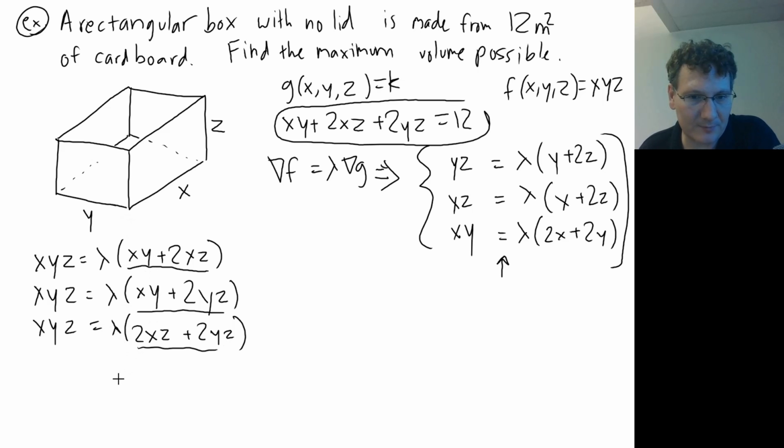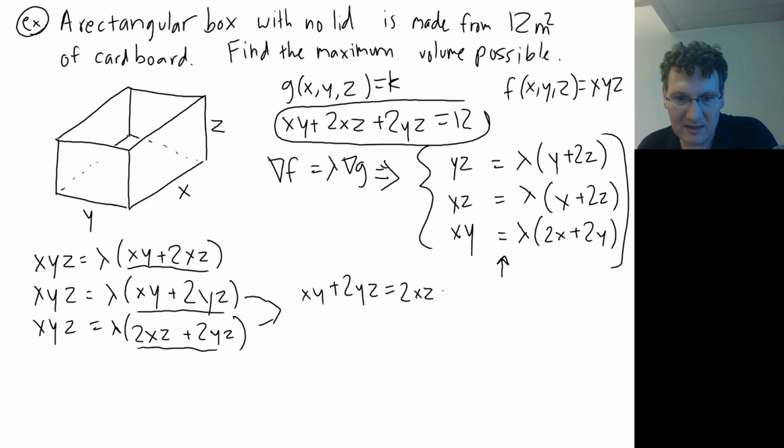Taking the second two, we get xy plus 2yz equals 2xz plus 2yz, and you can cancel the 2yz terms and divide by x, so now we have y equals 2z.